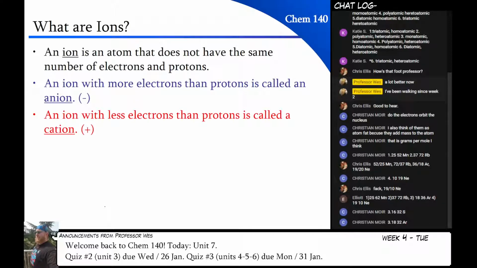Some terminology here. If I have an ion that has more electrons than protons, I'm going to call it an anion. Anions are negative. Cations are positive. Cations have fewer electrons than protons. The way that I remember this is if you write out the word cation, the positive's already in there, right? You can see that.